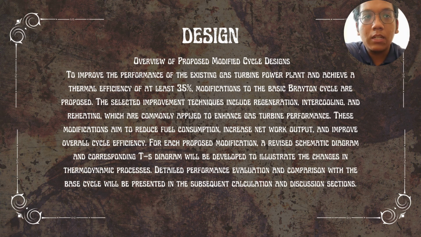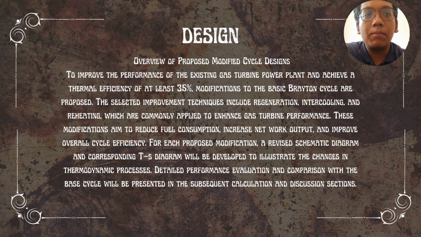Last but not least is the overview of the proposed modified cycle design. To improve the performance of the existing gas turbine power plant and achieve a thermal efficiency of at least 35%, modifications to the basic Brayton cycle are proposed.